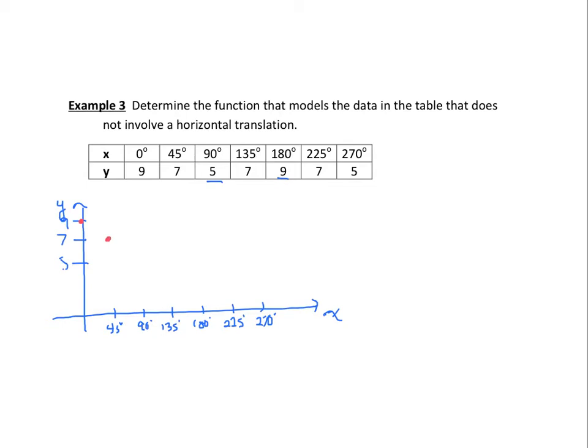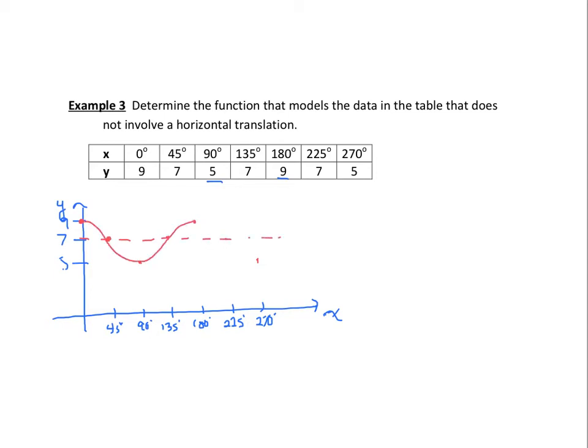Okay, and let's fill in the rest of the points. 225 and 7, 270 and 5. So our axis goes across at y equals 7.